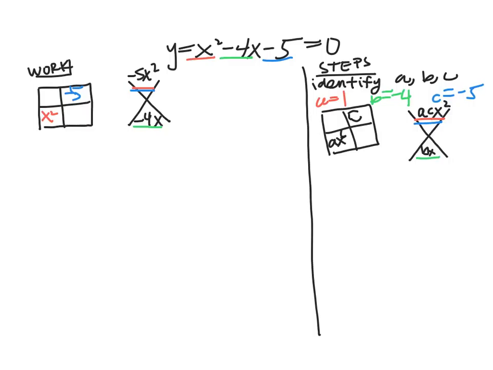Now, this is where it gets a little confusing. I want two numbers that when I multiply, I get the top, but when I add, I get the bottom. In this case, I'm going to give it to you: it's -5x and 1x. Why does that work? Because -5x times 1x is -5x squared, exactly what we had on top.